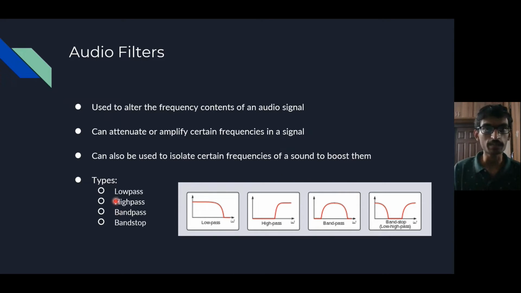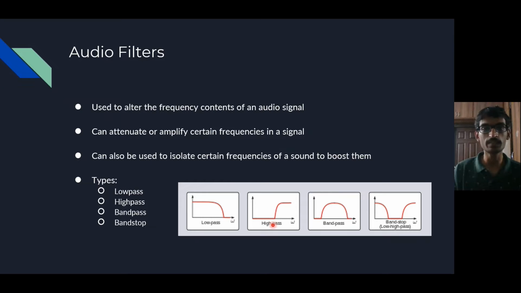There are four basic types of audio filters: low pass, high pass, band pass, and band stop. A low pass filter is a filter that passes all the frequencies below a specified cutoff frequency and attenuates all others. A high pass filter, as you can see, is exactly the opposite.